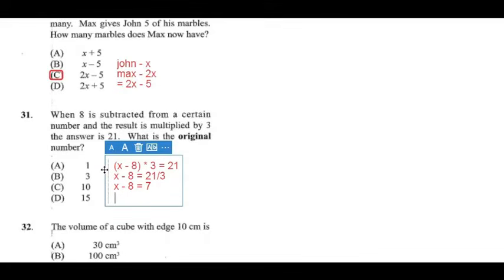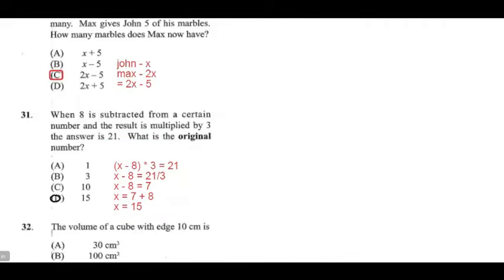So therefore, x is equal to 7 plus 8. Remember, the 8 was being subtracted on the left hand side, so when it goes to the right hand side it will be adding. So therefore x is equal to 15, and our answer for 31 is D.